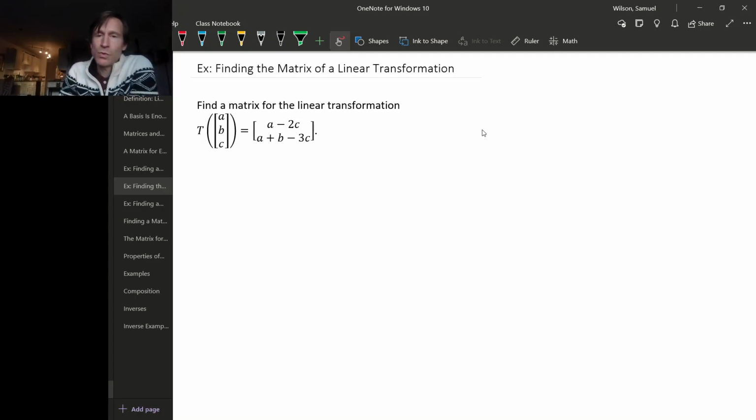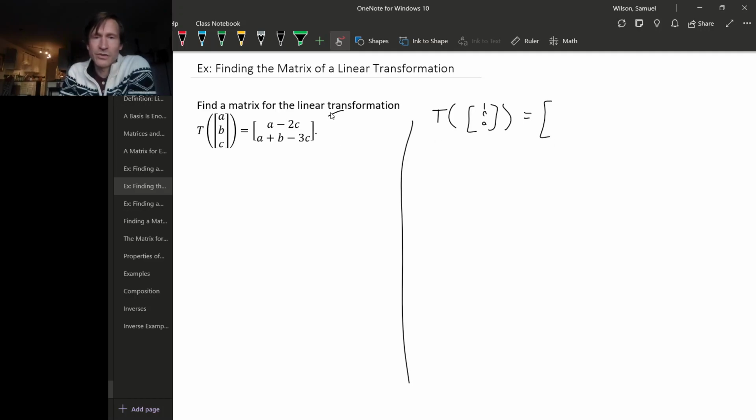So one way to do this is to figure out what is T of 1, 0, 0. And for this, we can just use the formula over here. Looks like it's going to be 1, 1. And then figure out what is T of 0, 1, 0. And again, use the formula. Now this 1 is in the B position, so 0 and 1.